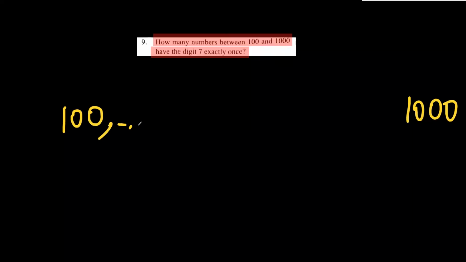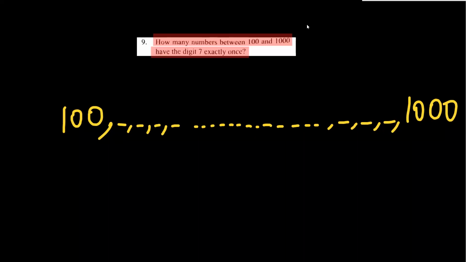So see, 100 and 1000. After 100, you have 101, 102, 103, 104, and so on. Then here you have 999, then 998, then 997, and so on. Now there are plenty of numbers.